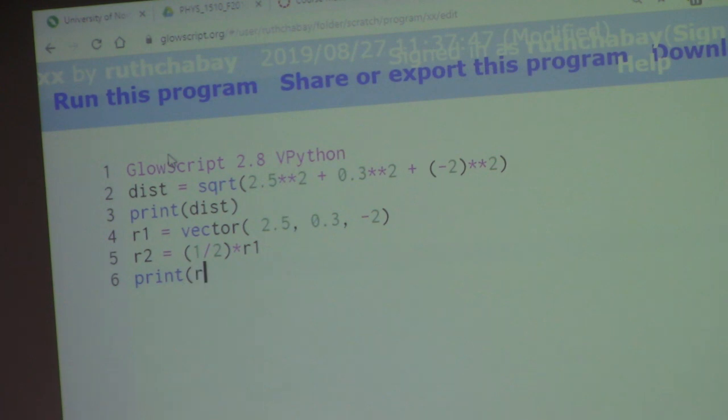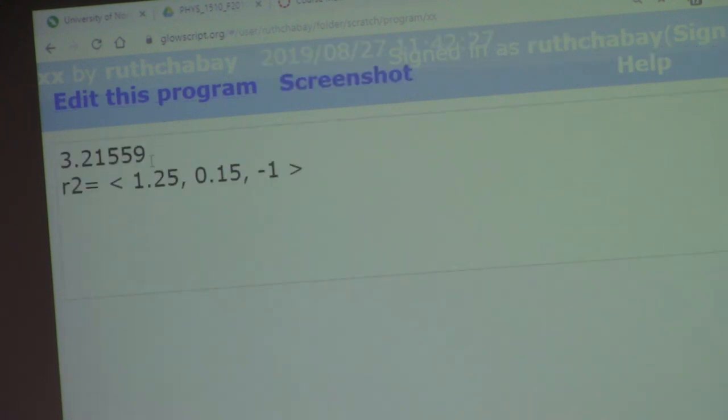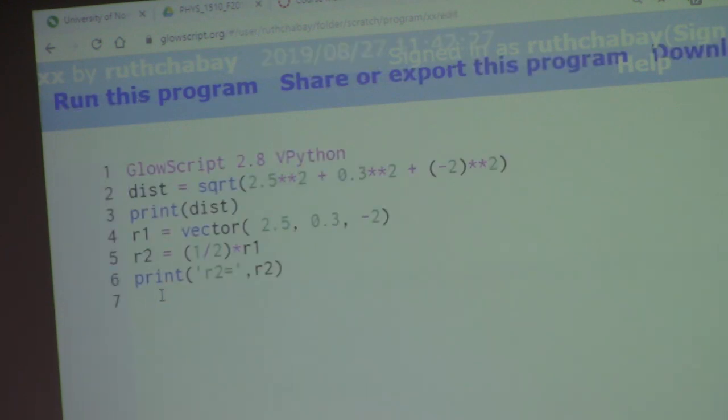Let's print R2, and since we're printing lots of things, let's tell it to write something there so we know what we're printing. That's what we got.